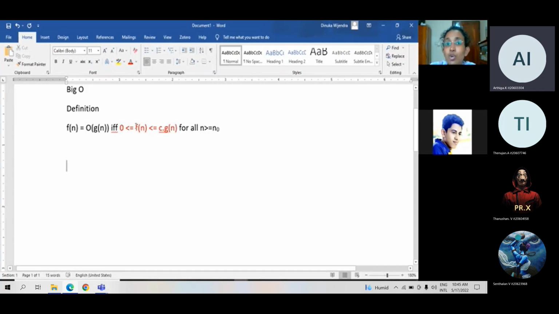What is that? Your function has to be greater than or equal to 0. Normally our functions are anyway greater than or equal to 0 if you substitute the values.